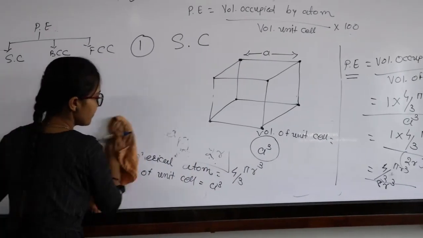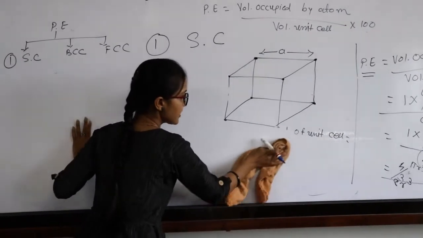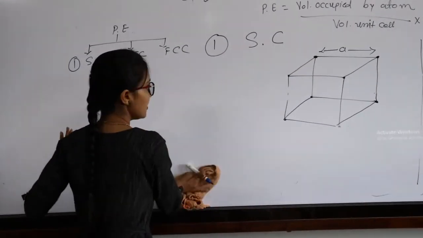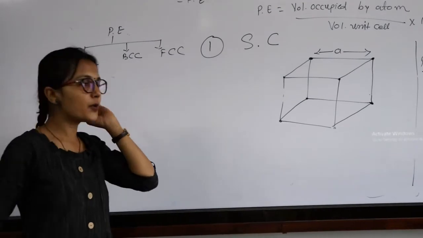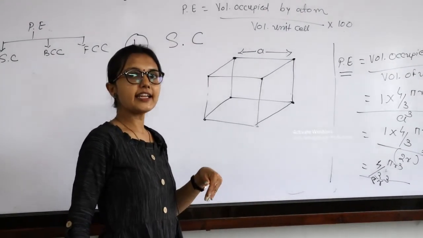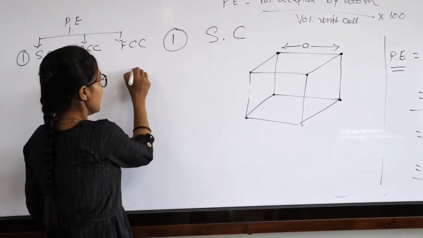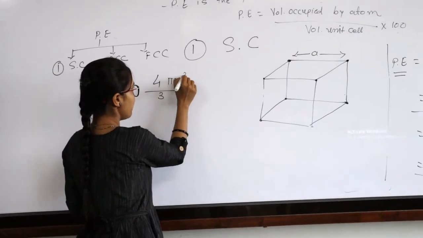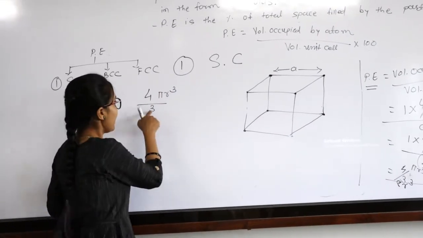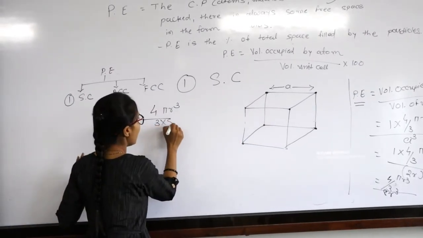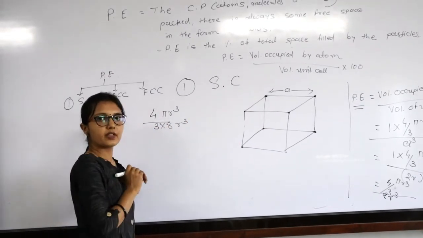Here I will write some calculation for simple cubic lattice. Clear? This one is 4 by 3 divided by 8 r cube. Then 4 divided by 3, here pi r cube is present. Clear? And 3 multiplied by 8 r cube.